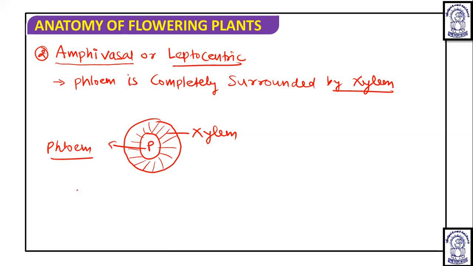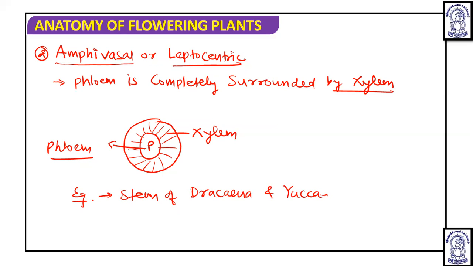And the example of this is seen in the stem of Dracaena and Yucca. Okay, so this is the condition seen in case of the concentric vascular bundle.